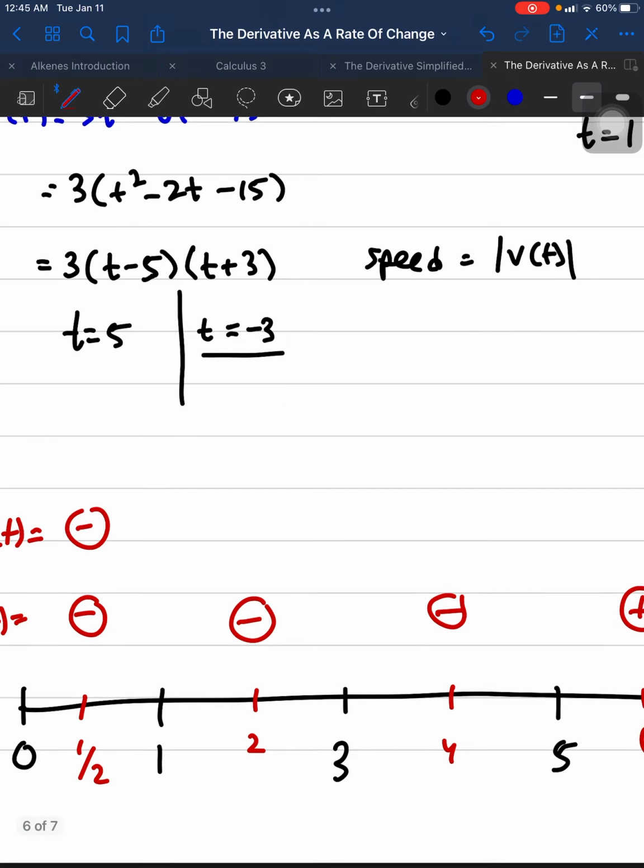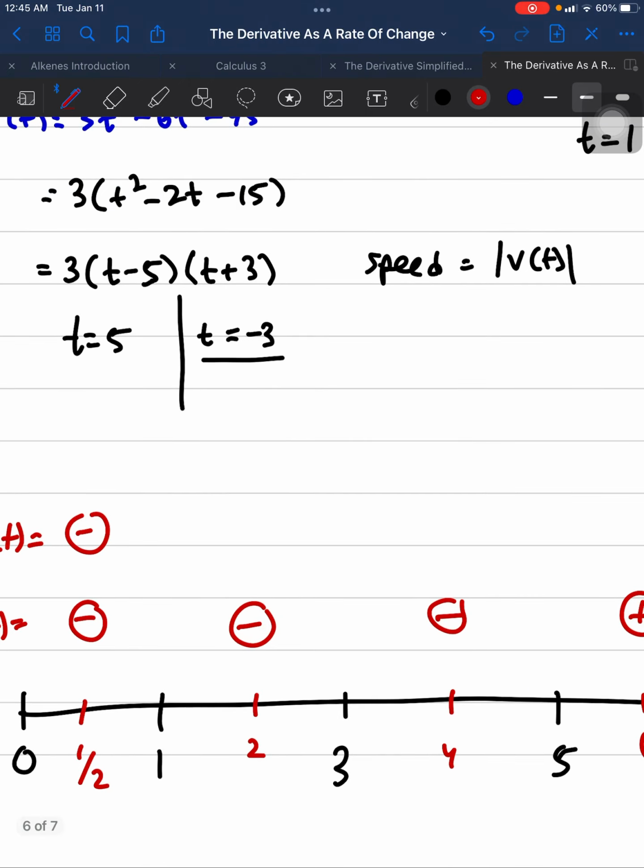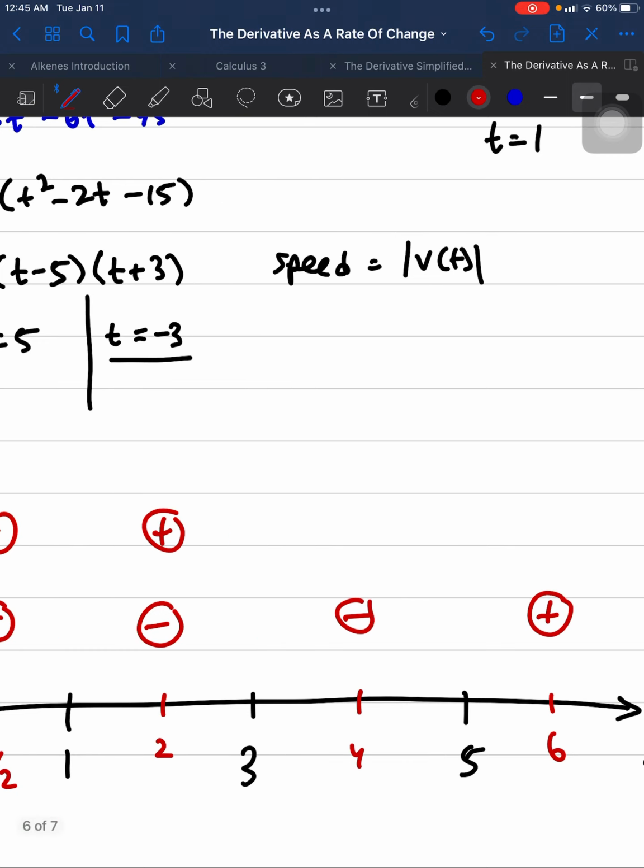So in between 0 and 1, the acceleration function is negative. When we plug in 2, we get a positive value of 6. So it's positive in between 1 and 3.